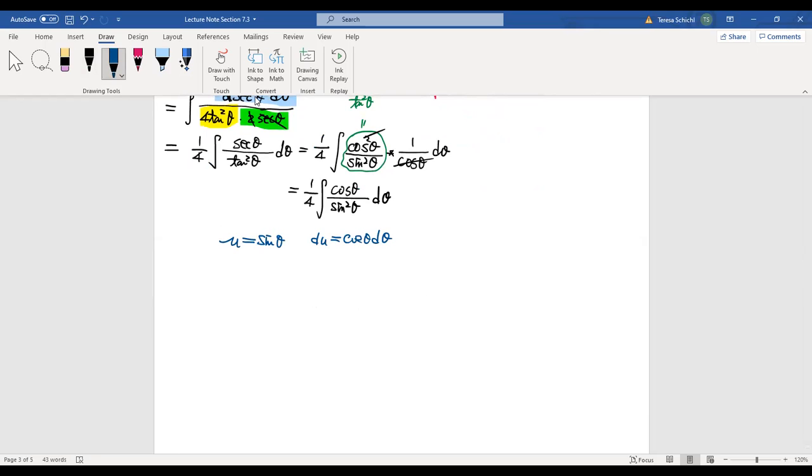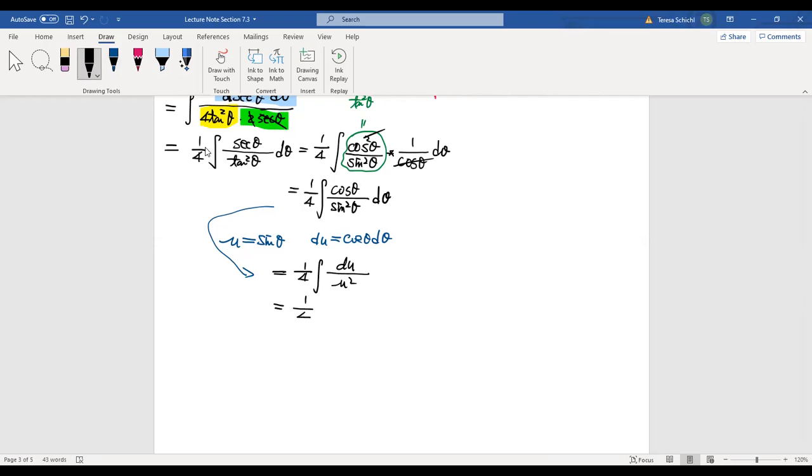Am I right? Okay, so now the whole thing here will be equal to 1/4. Cosine theta d theta is du. Then what is the denominator? It's u squared.